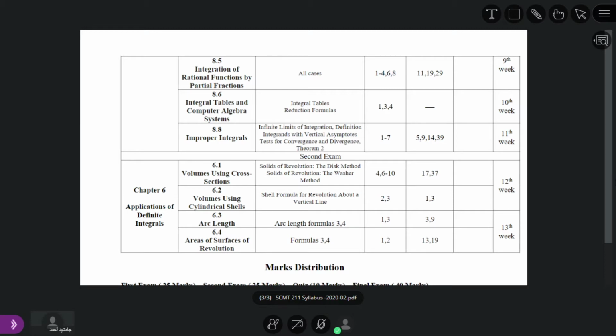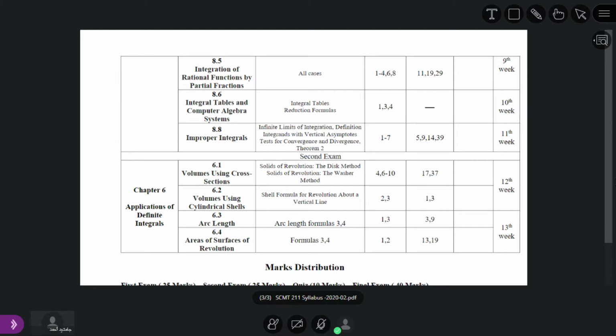Before corona, the grading of marks was the following. 25 marks for the first exam, 25 marks for the second exam, 40 marks for the final, and 10 marks for quizzes, assignments, and the teacher's hand. So this was the total of 100 marks.